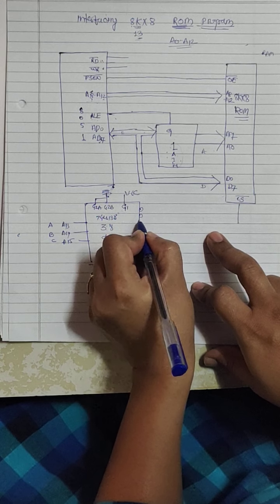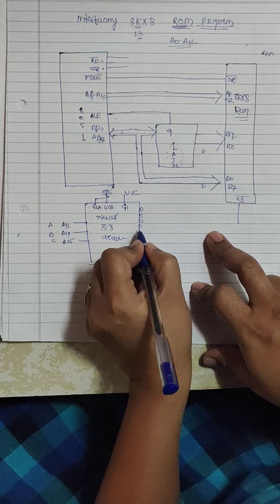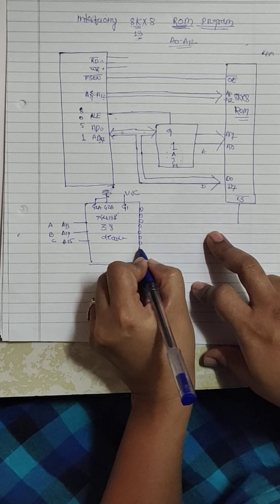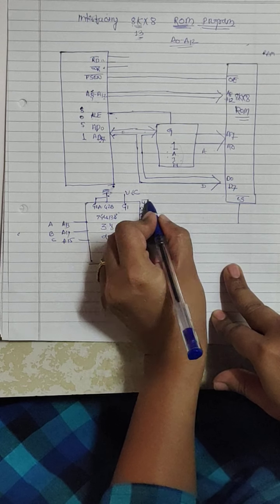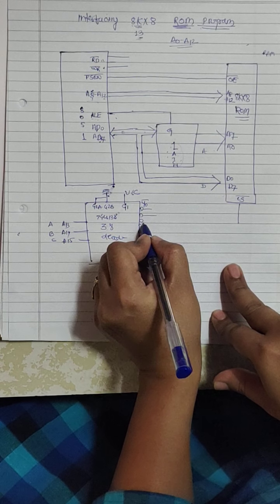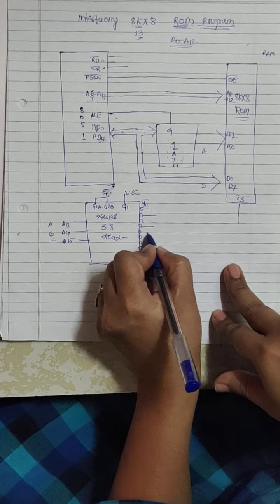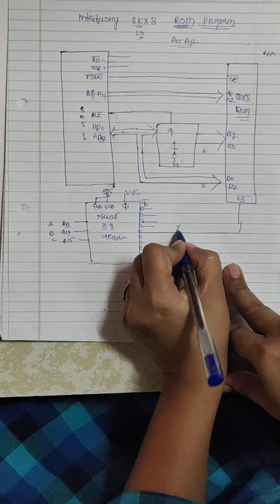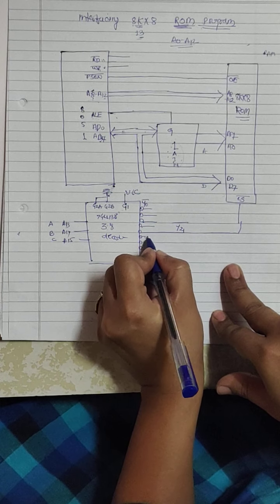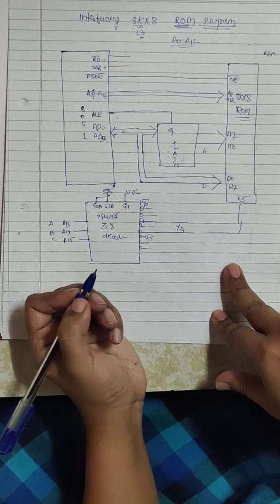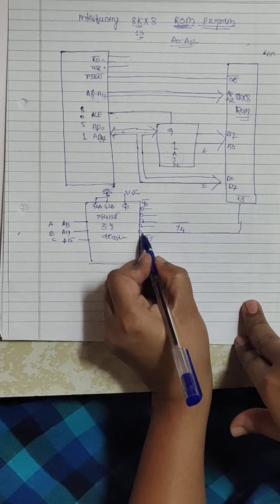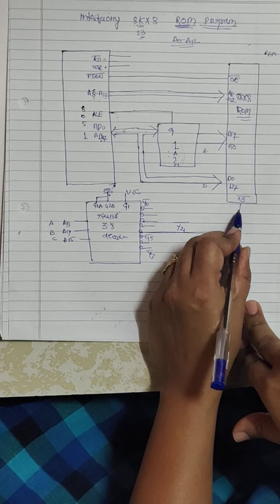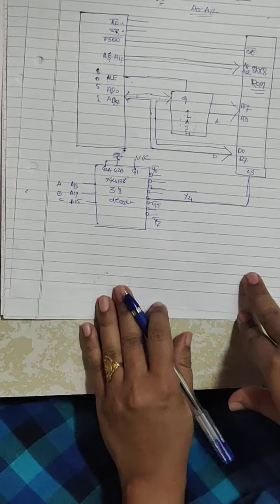Again, it has 8 outputs, that is Y0 bar, Y1 bar, Y2 bar, Y3 bar, Y4 bar, Y5 bar, Y6 bar and Y7 bar. Among those 8 outputs, one output, Y4 bar, we have connected to the chip select signal.